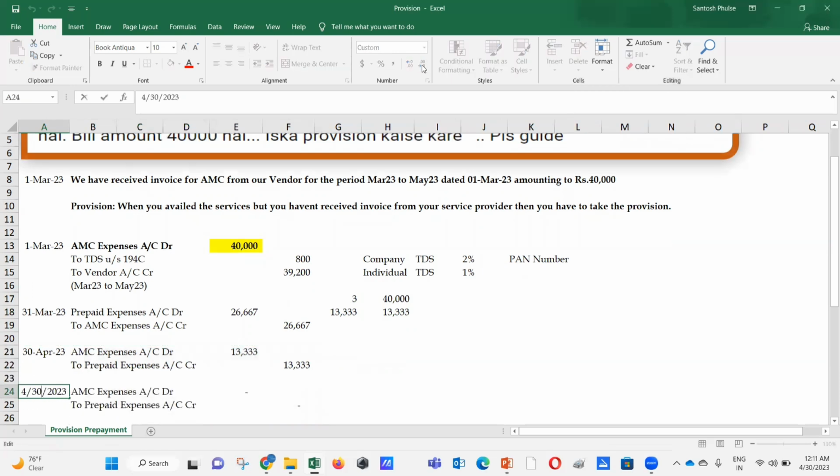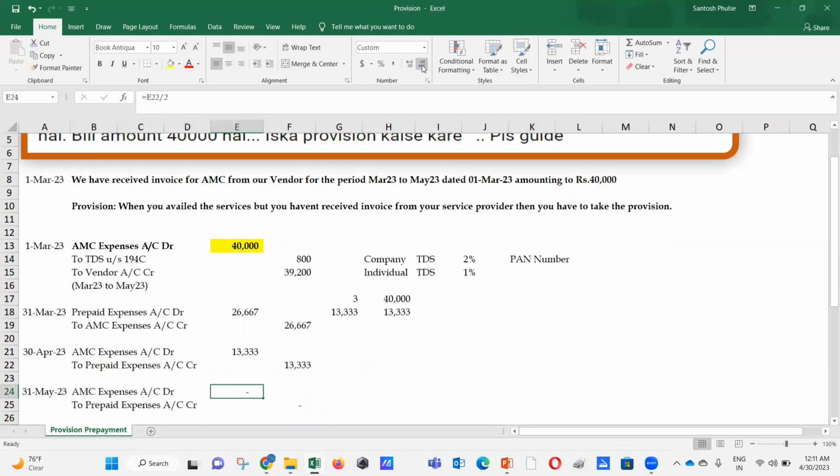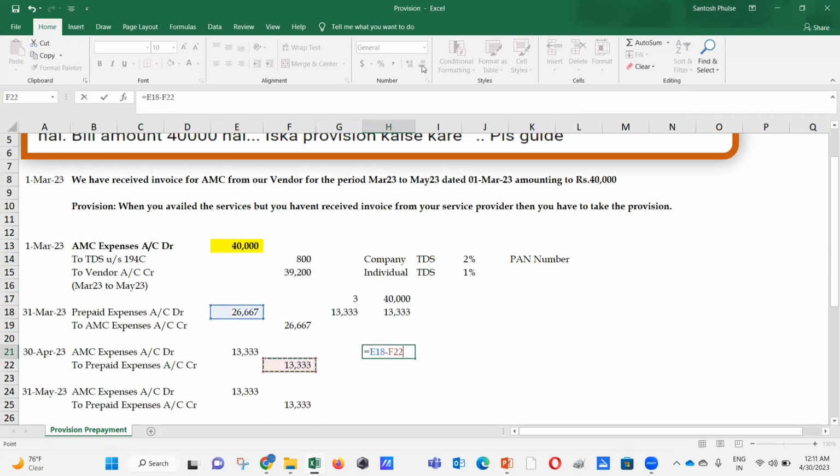So when you enter into May, you have to pass the same entry into the books. Then if you see the ledger of your prepaid expenses, it's debited 26,667. You have credited here. Again, you have credited. So prepaid expenses is 0.